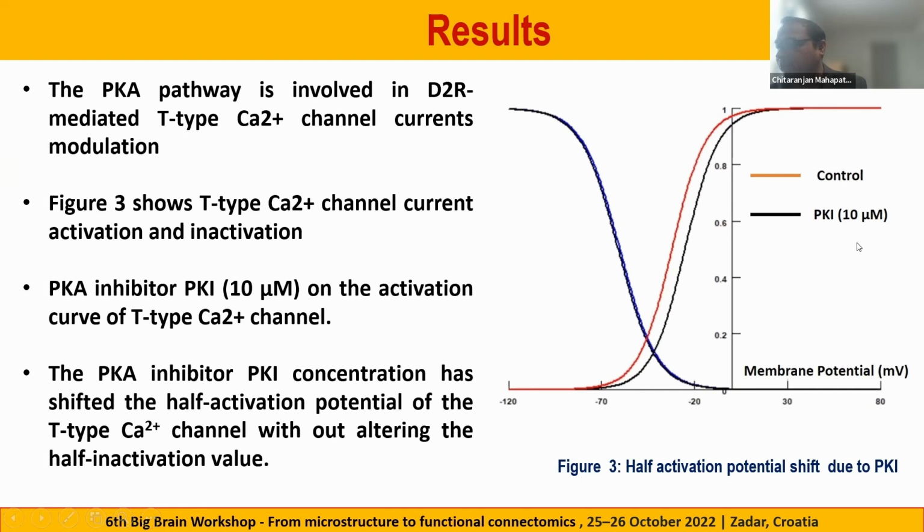At the same time, PKI is modulated by the cAMP, and cAMP is modulated by the D2 receptor. That means a higher dosage of D2 receptors can shift this steady state activation to the positive side. But there is no change for the steady state inactivation curve. So it is similar both for the control and for the PKI.